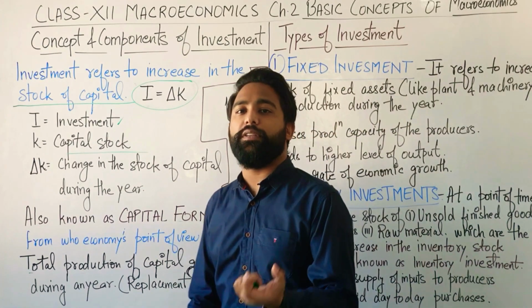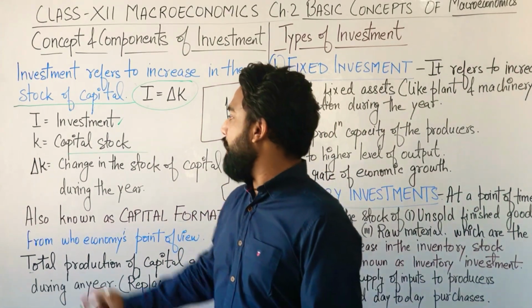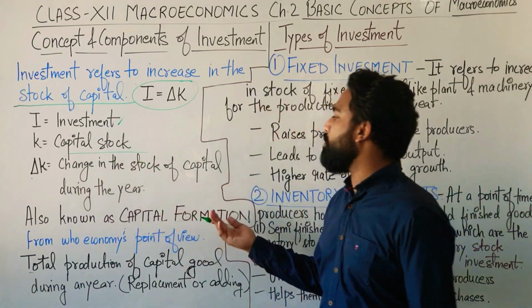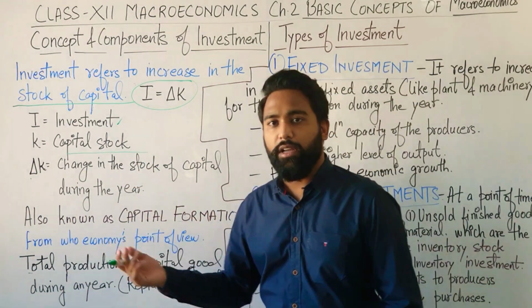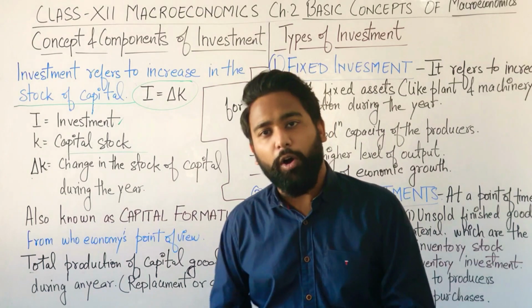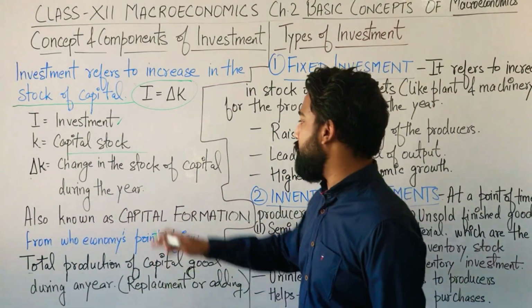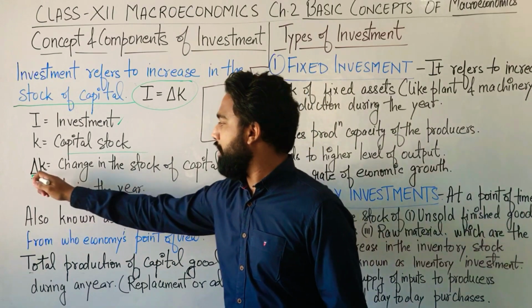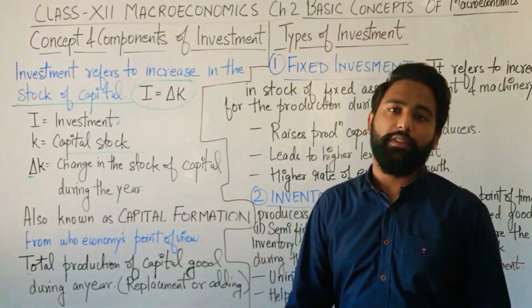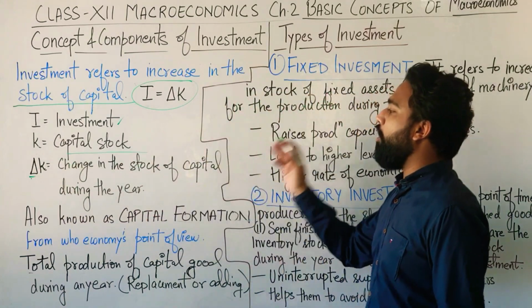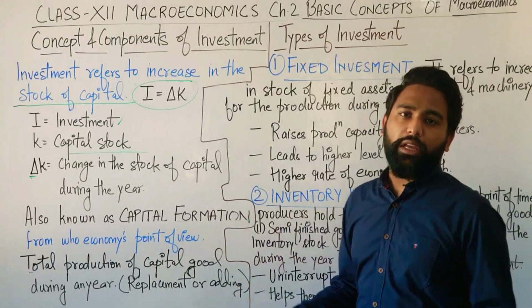Capital in economics is denoted by K. And what is delta K? Delta K means change in the stock of capital during the year. If there is any addition or decrease, any increase or decrease in the stock of capital, then it is denoted by delta. Is that clear? Now, delta K means change in the stock of capital during the year.